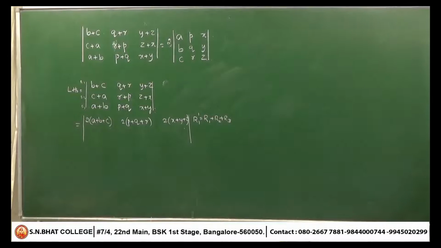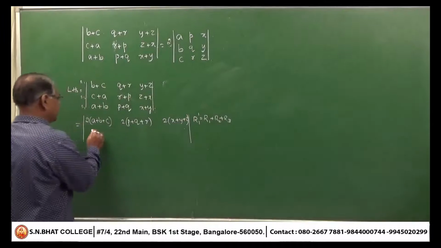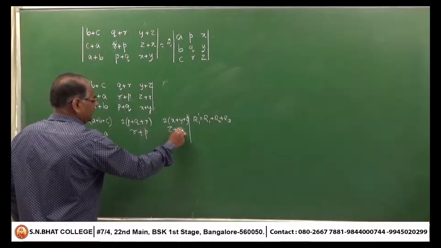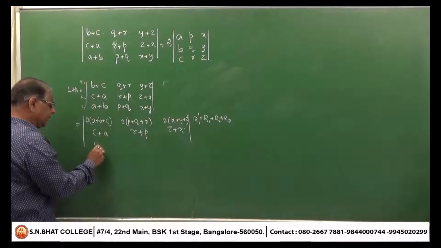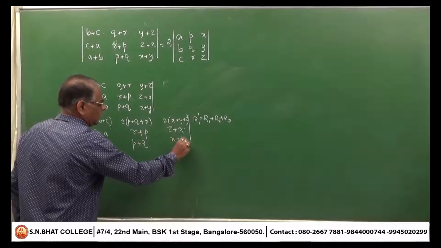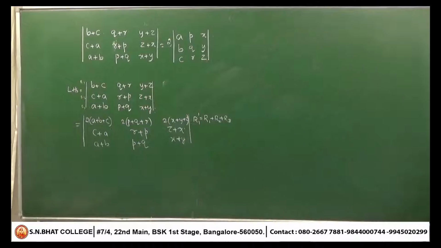R1 dash is R1 plus R2 plus R3. Write the second and third rows: c plus a, r plus p, z plus x, third row is a plus b, p plus q, x plus y. I have changed only R1, R1 dash is R1 plus R2 plus R3. I have not touched R2 and R3, write R2 and R3 as they are.